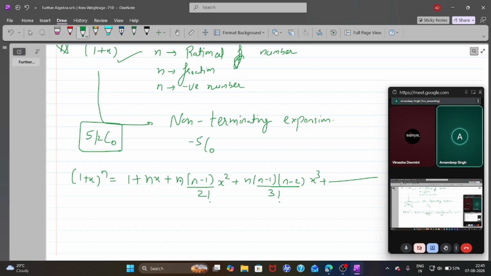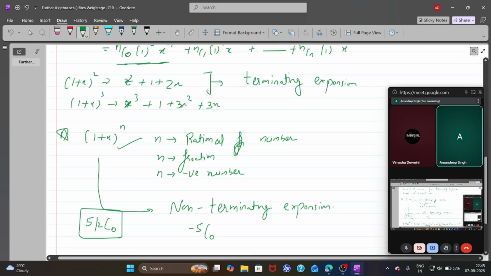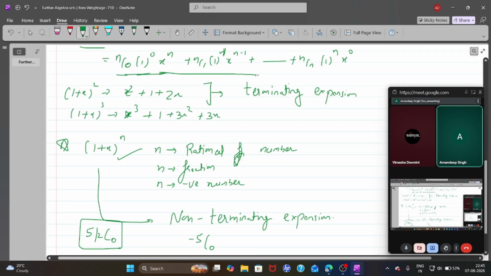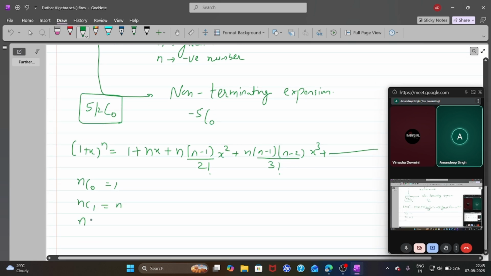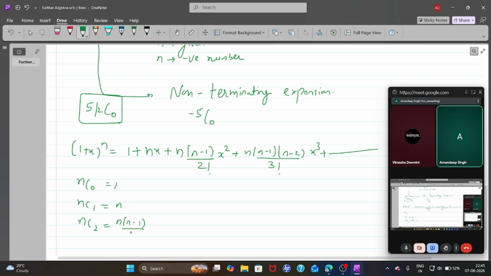From where do I get this formula? Basically, it comes from this result only, because if you expand NC0, you get 1. If you expand NC1, you get n. If you expand NC2, you get n(n minus 1) divided by 2 factorial.